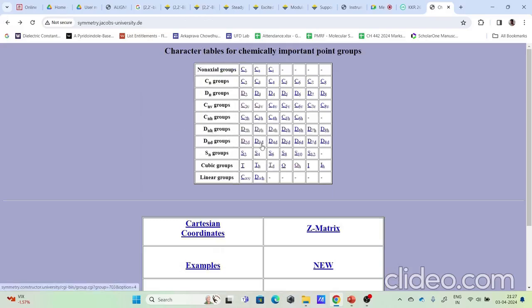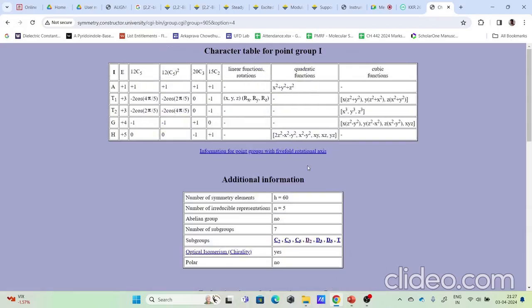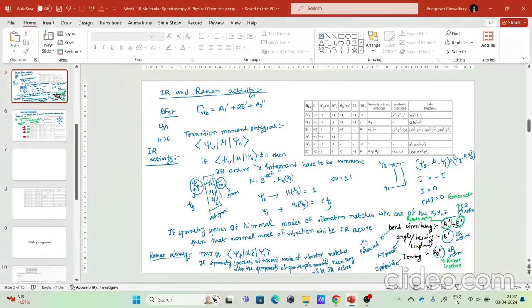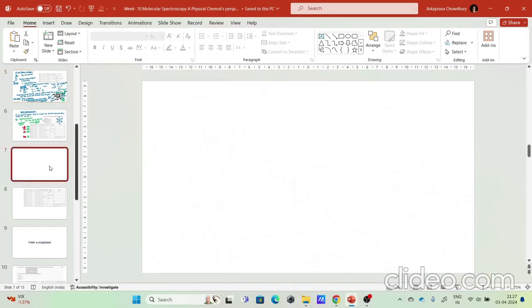What about, does the icosahedron have i? No. So you can obviously check various groups like this and satisfy yourself that we are doing the correct thing.